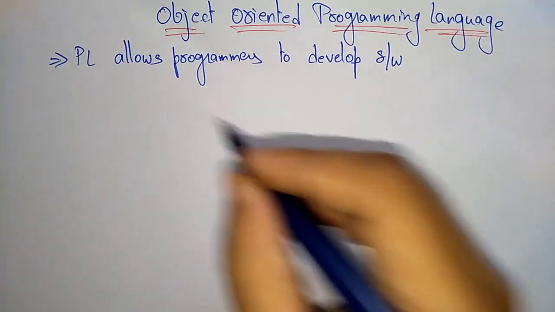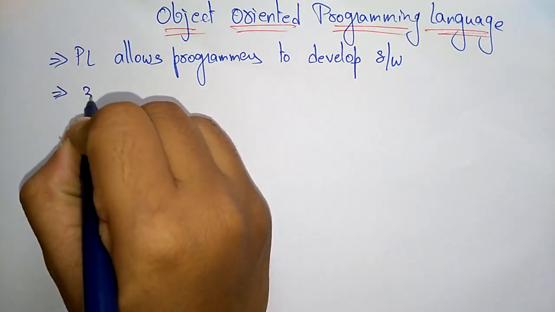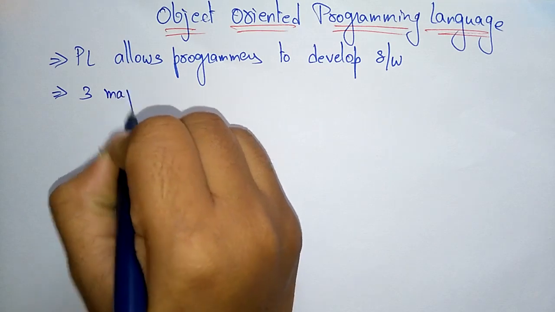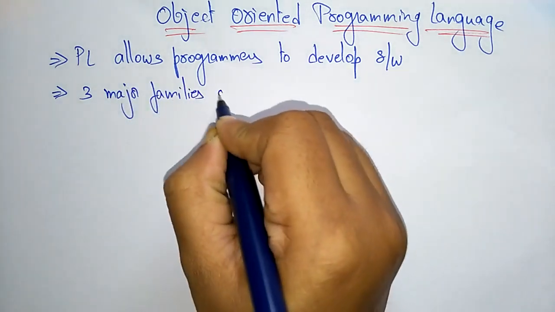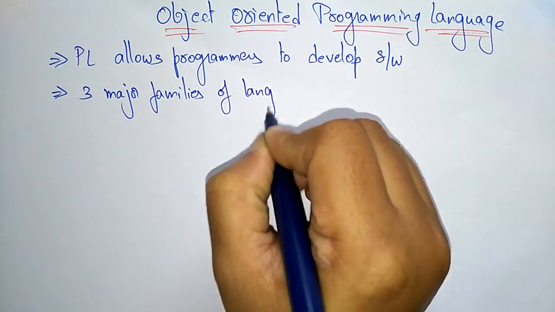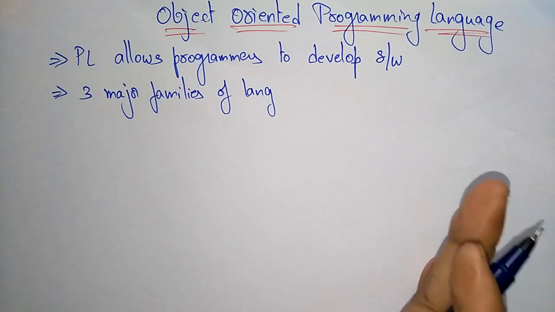There are mainly three major families in the language. Whatever programming language you have taken, mainly there are three major families of programming language.